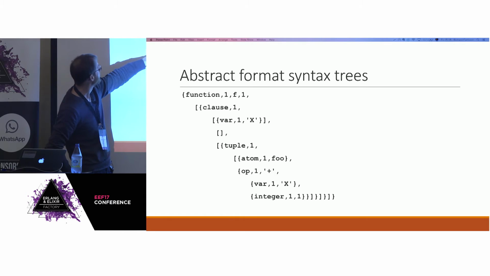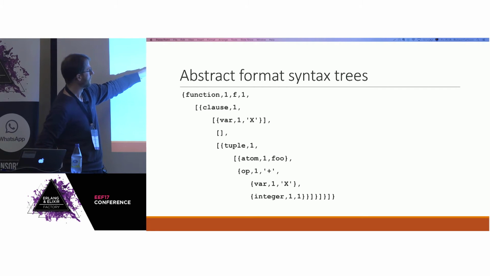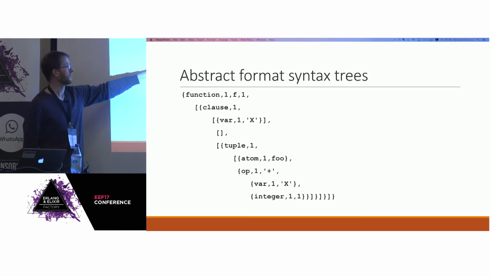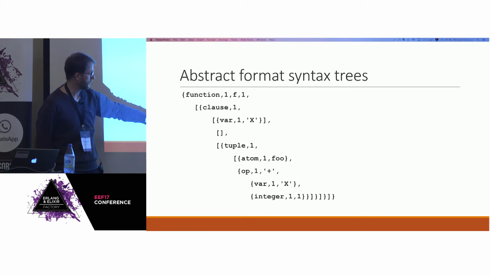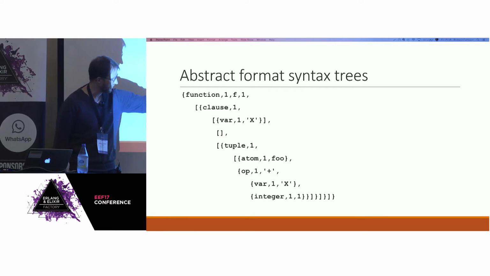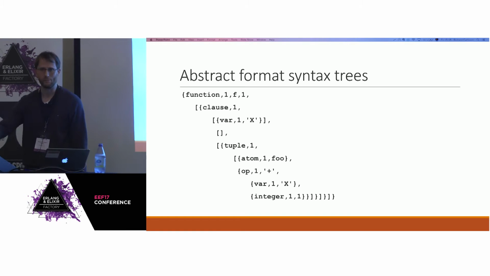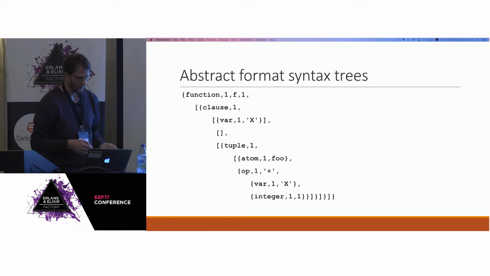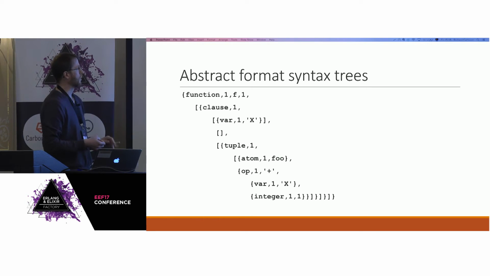The parameters of the function are the variable X. It's just one parameter. There's no guard, or there's an empty guard. And the body is a tuple consisting of the atom foo and an operation that says plus of the variable X and the integer 1.